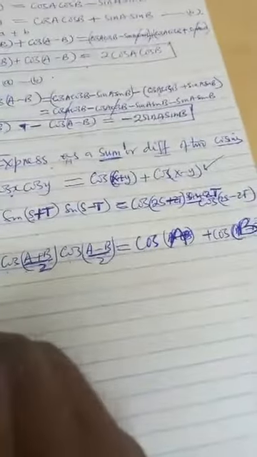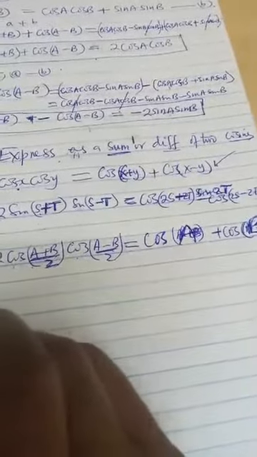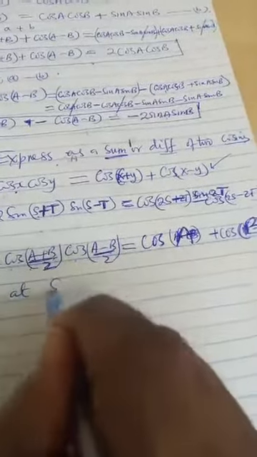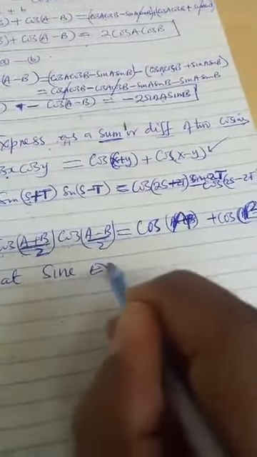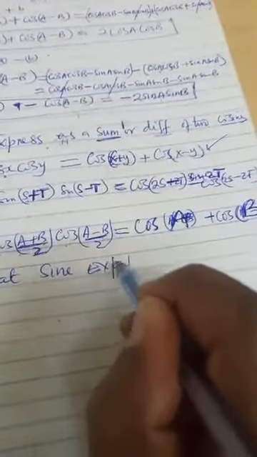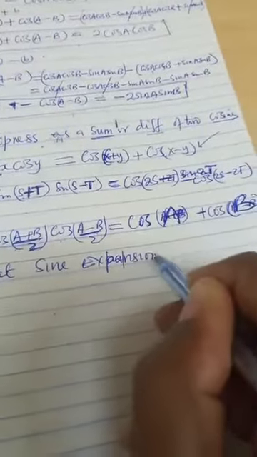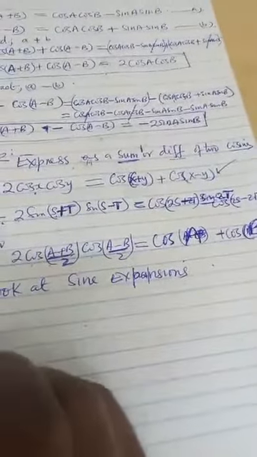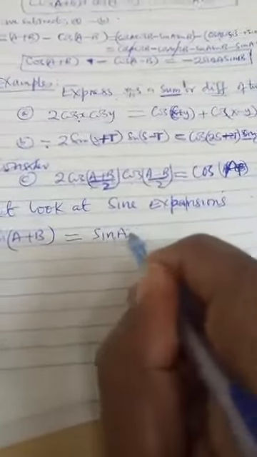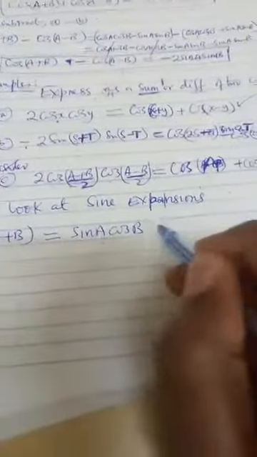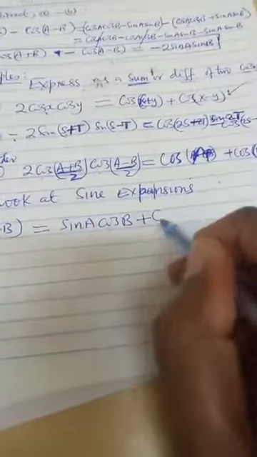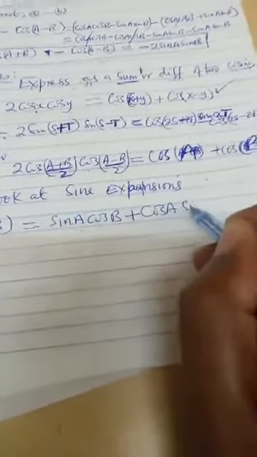Now, let's look at expansions of sine. Sine expansions. Sine into A plus B. Sine into A plus B is sine A, cos B, if it's a plus, it stays as a plus, but we interchange the angles and the trig signs.